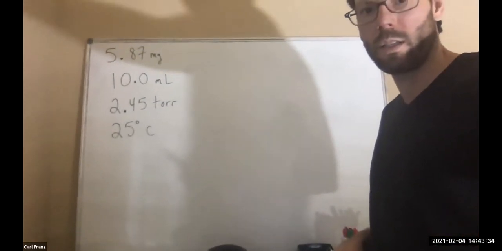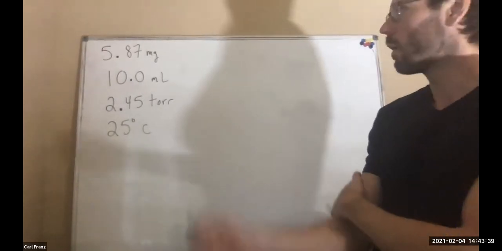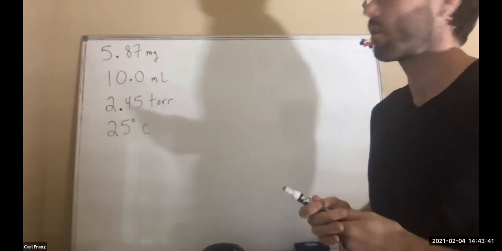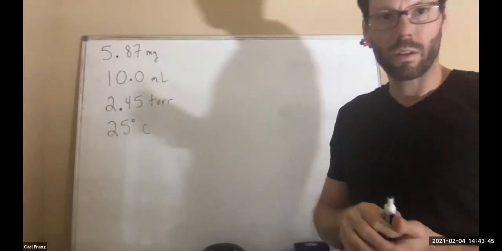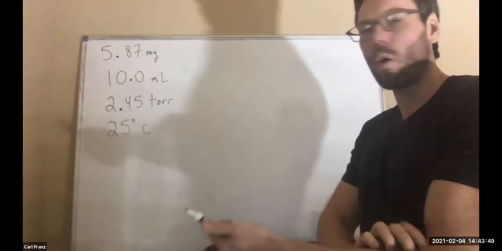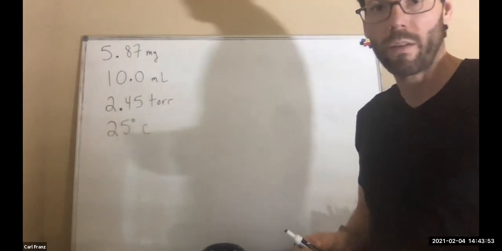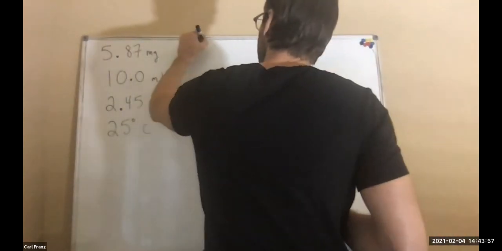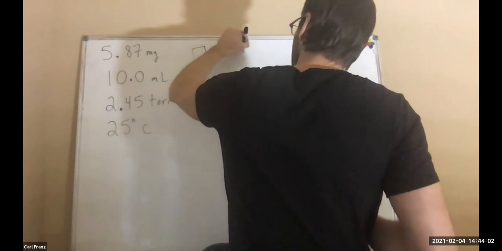Okay, so this is the information that we're given. We're given 5.87 milligrams of an unknown protein, 10.0 mils in the solution, 2.45 torr as the osmotic pressure, and the temperature is 25 C. Remember our equation, osmotic pressure equals MRT.